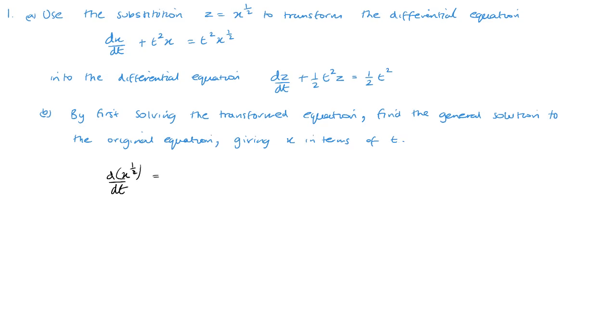So that'll be a half x to the minus a half, and then dx by dt. And since x to the power half is z, this is dz by dt. So this is actually dz by dt, which is what we were doing.